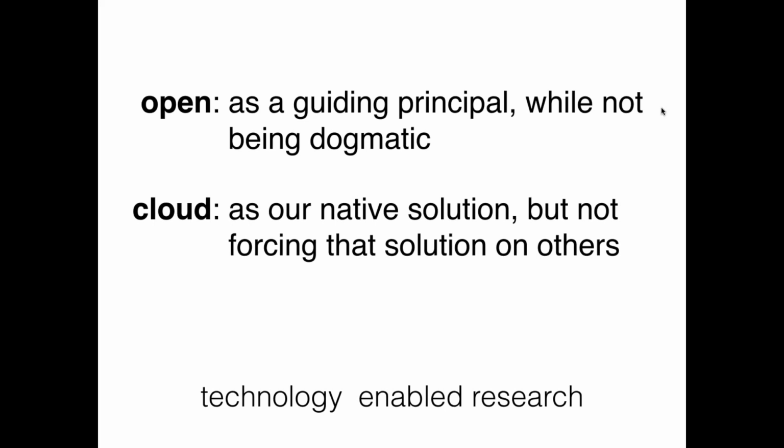And similarly, we think the cloud provides a very powerful tool, especially in this decentralized world. And so we use it as our native solution. We build technologies that are based in the cloud, but we also realize that we're in a period of transition, so we try not to force that solution on others.